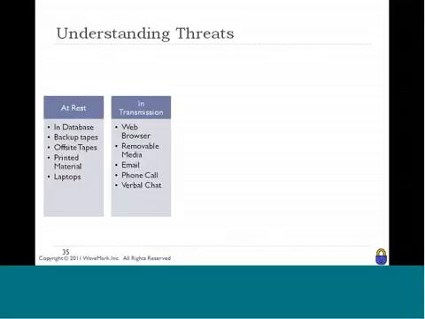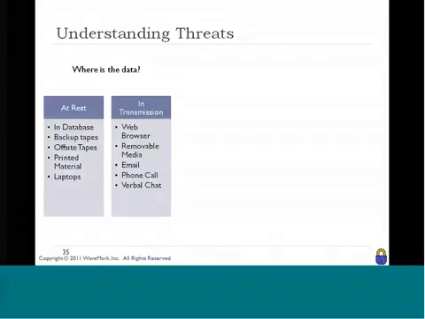The second question is, where is the data? It can be in two places. The data could be sitting at rest, or it could be in transmission, in transit. At rest, it could be sitting in databases. It could be sitting on backup tapes. It could be sitting on offsite storage, printed materials, laptops, and so on. Or it could be in transmission.